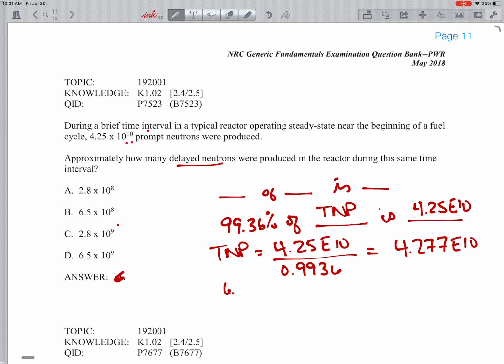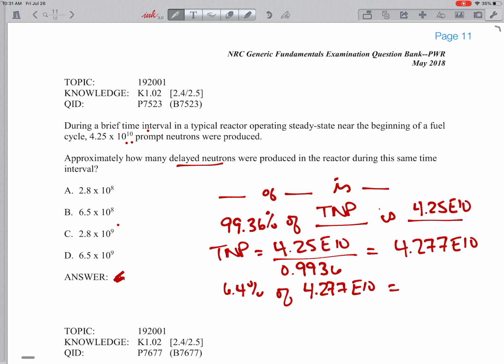So now we go 6.4% of 4.277 times 10 to the 10th equals what? That's just multiplying by 0.0064.